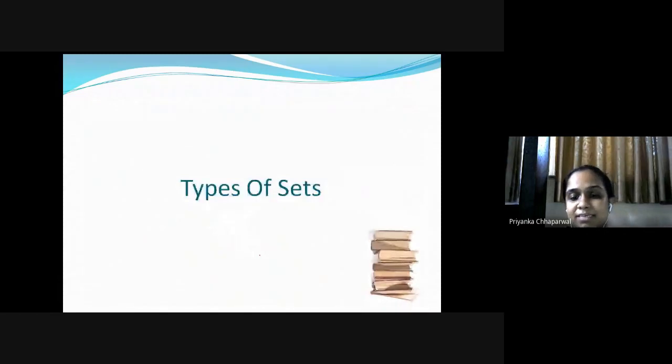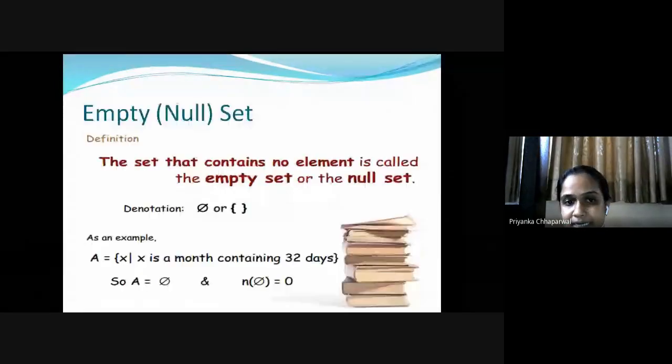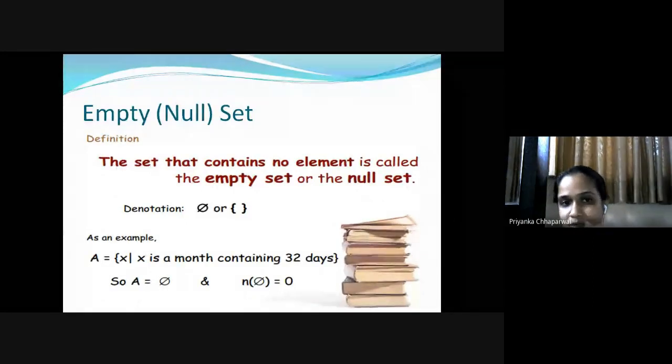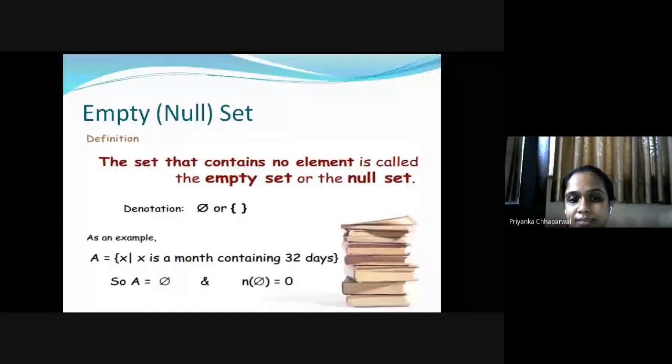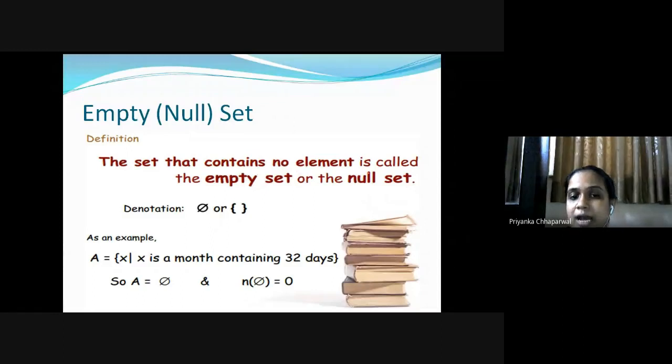Okay, then we have to understand the types of sets, one by one. Firstly, we understand what is an empty set and what is a null set. By the name we can understand: empty means zero, means khali. The set that contains no element is called the empty set or the null set.